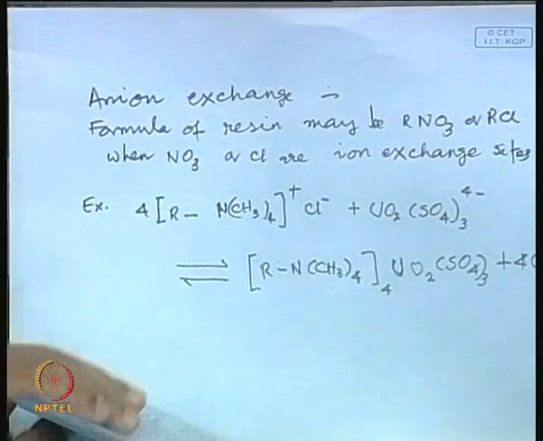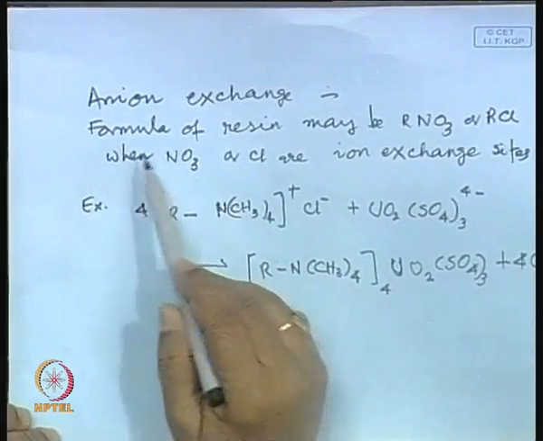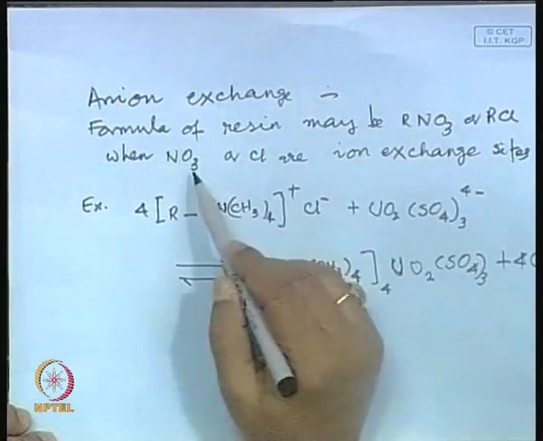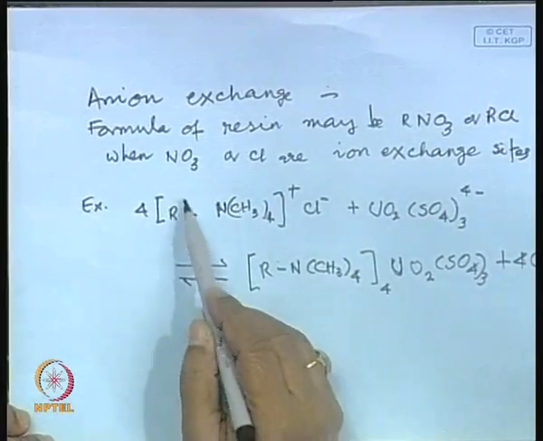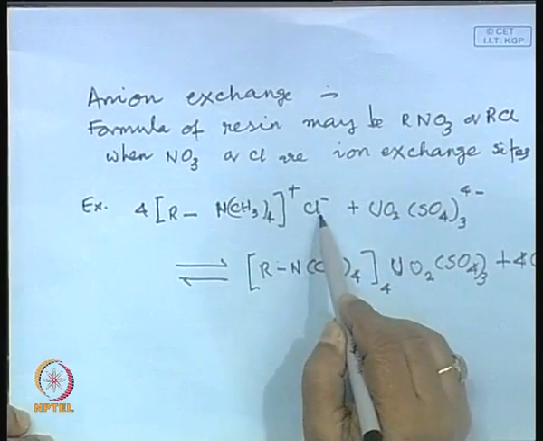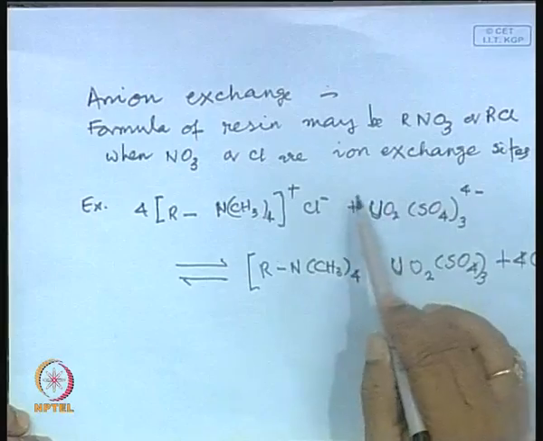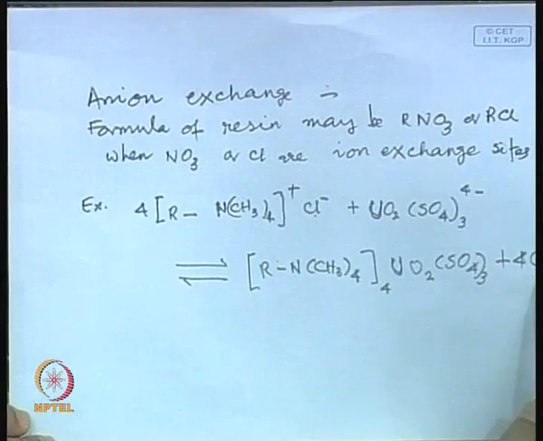Now, it might surprise you how a metal can be present in an anion, but there are complexes where an anion can contain a metallic value. An example is this. A formula for a resin can be RNO3 or RCl, and this NO3 and Cl will be the ion exchange sites. Here is an example, a polymer backbone with a group like this, Cl here, and solutions containing such anions which have uranium in them will be absorbed, chlorine ions will be released.